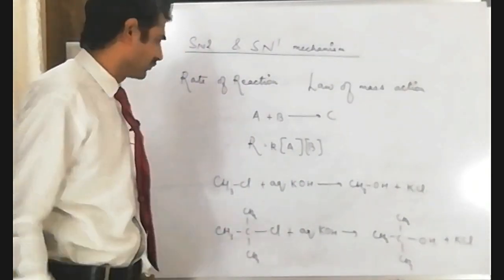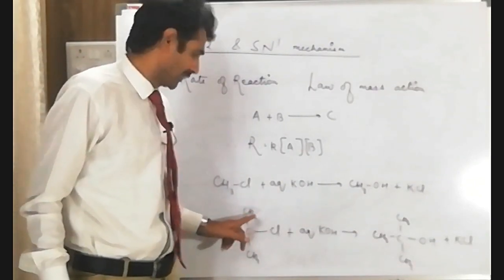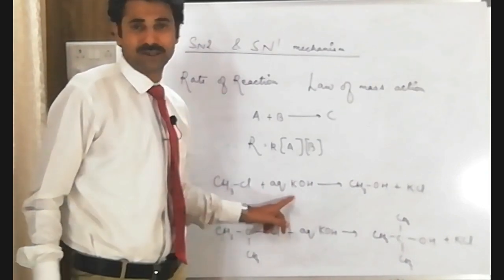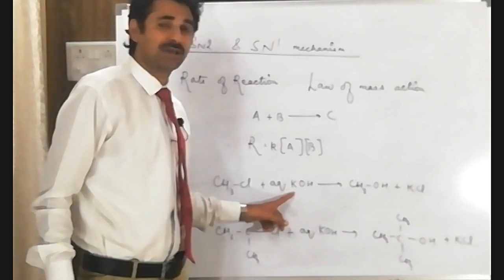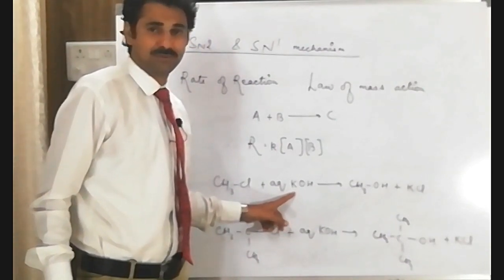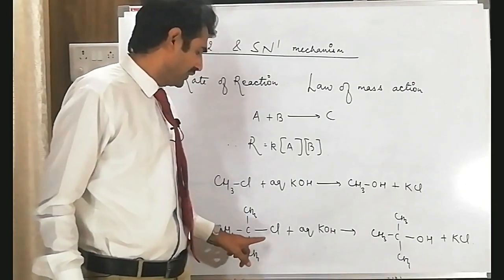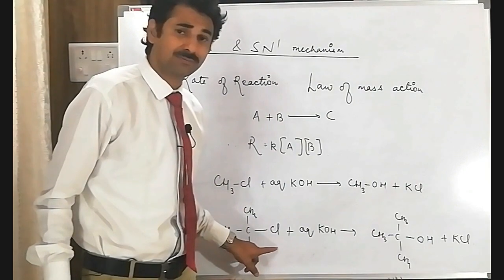You'll be amazed to know there are two reactants in each reaction, methyl chloride and aqueous KOH. If these are the two reactants, the rate has to be dependent upon methyl chloride as well as aqueous KOH. Right? In this case, the rate has to be dependent upon tertiary chloride and aqueous KOH, both.